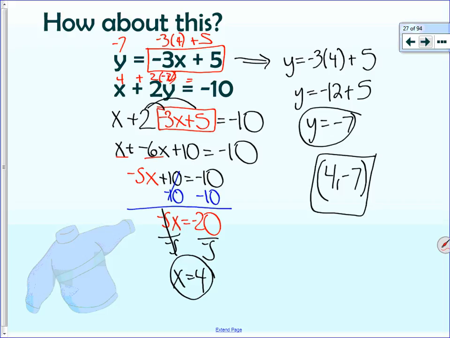Yes. It does. 4 plus negative 14 equals negative 10. Oh, yeah. I'm so confident. You're right.